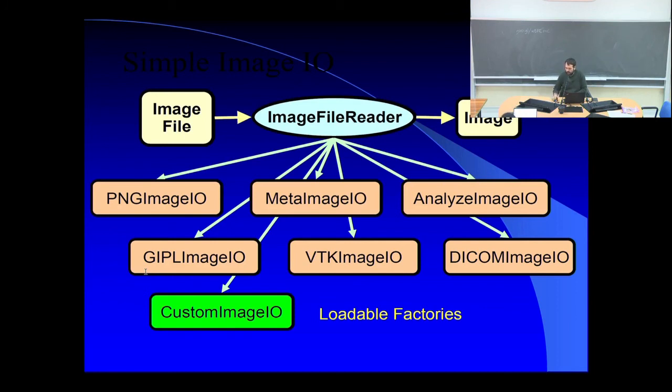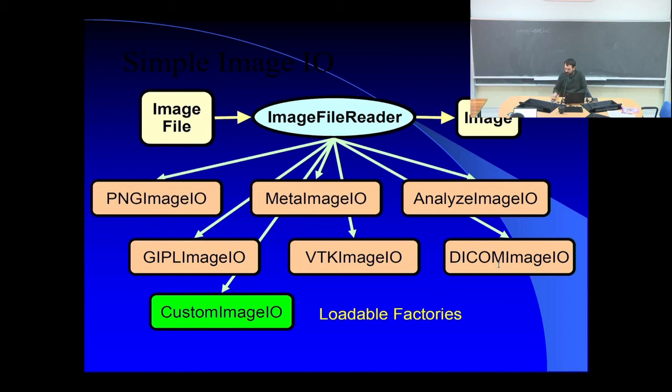Okay? Image file reader is what you're going to use, but if you see the specific details of the image file reader, you'll see that you can read PNG images, Analyze images, VTK images, DICOM images, etc. So that's quite powerful from ITK as well, that you don't have to focus, for instance, on which format your image is. A file reader will see what is the type of the image you want to read and will automatically read the image.